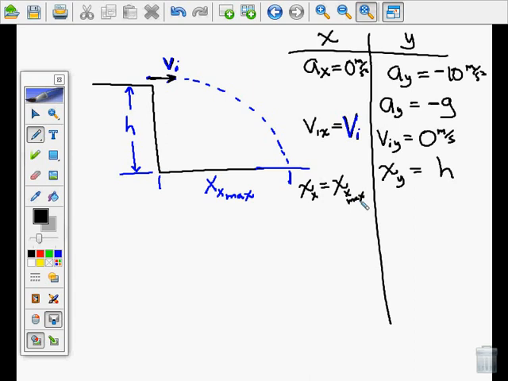Usually you're given enough information in one of the columns to figure out the time. And then once you get the time in that column, you take the time over to the other side. Usually, the formula that you use on both sides is x equals v i t plus 1/2 a t squared.